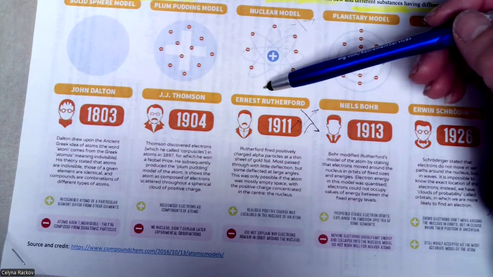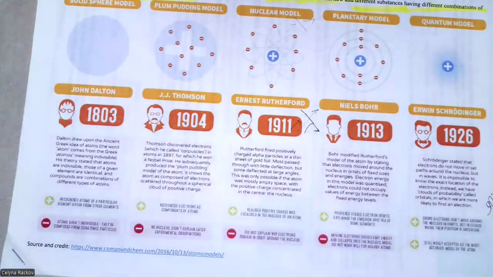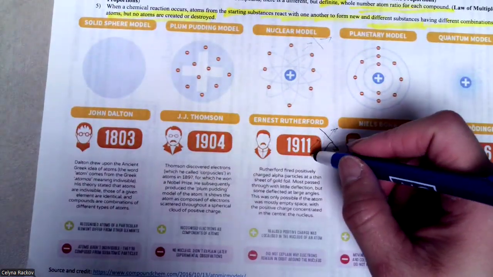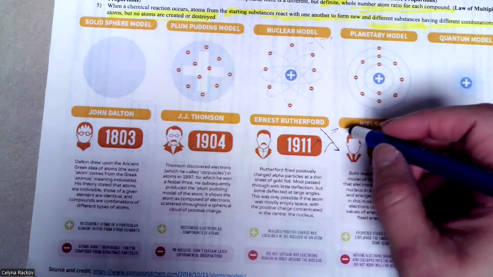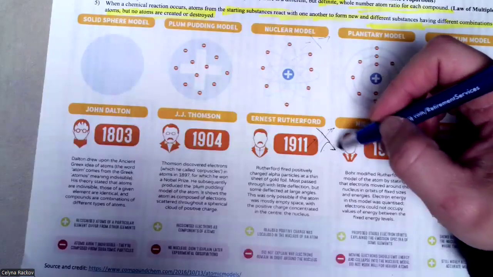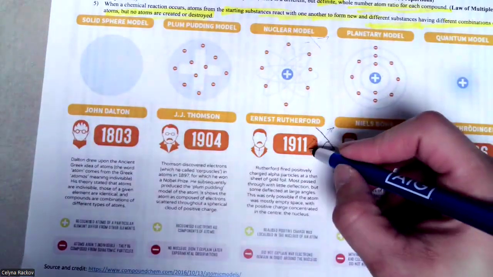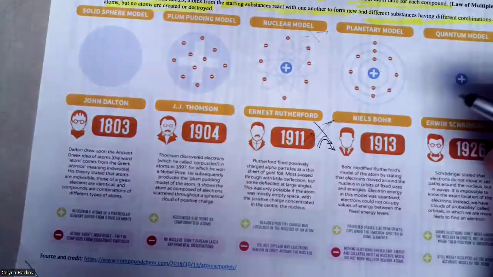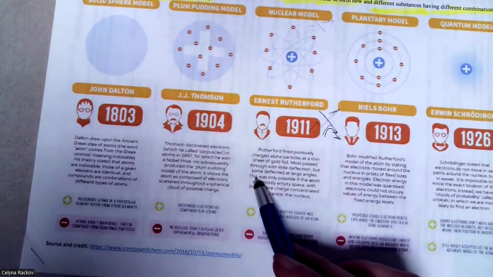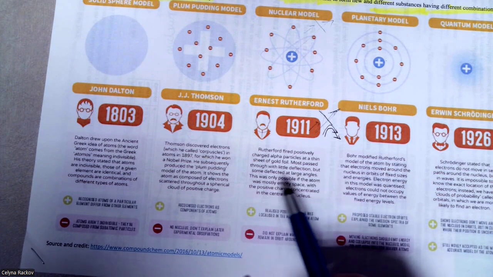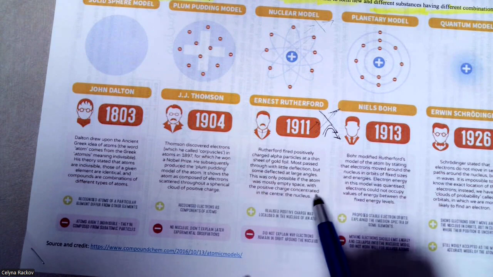The nuclear model is Rutherford. He did a test firing positive alpha particles at a thin gold sheet, and some particles passed through and some particles deflected. Why did that happen? This was only possible if the atom was mostly empty space with a positive charge in the center, that's the nucleus.